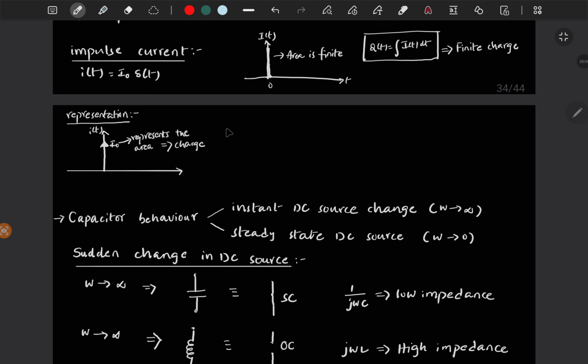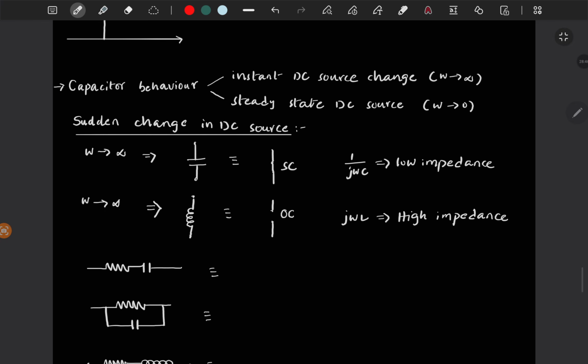So in mathematical expression, if the magnitude is I naught, then we write the impulse current as I naught delta of t. Delta of t is the impulse function. If you integrate i(t), the integration of delta of t is 1, and I naught is constant, so you will get the magnitude. So this magnitude is charge. So this is about impulse current.